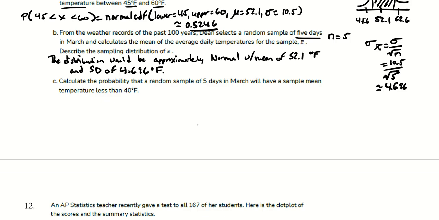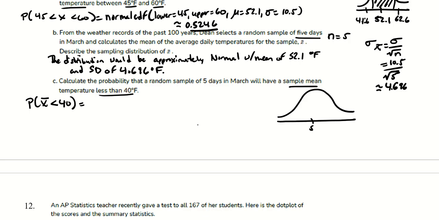Okay, now calculate the probability that a random sample of 5 days in March will have a sample mean temperature less than 40. So we want the probability that X bar is less than 40. Okay, so again, we have the bell curve, right? But with the same mean, but now it's going by 4.696.